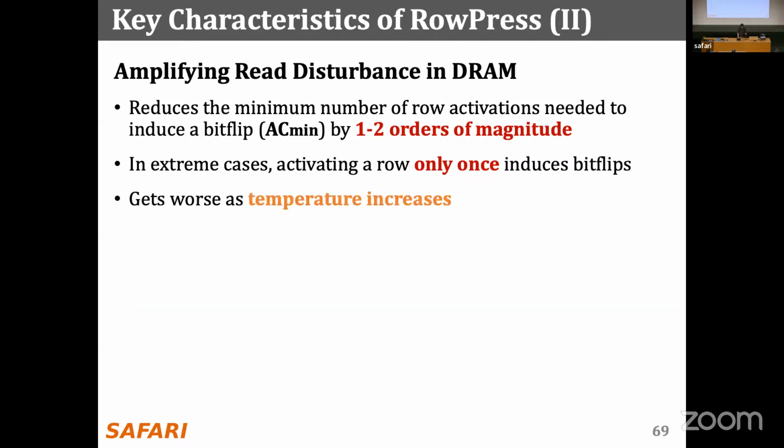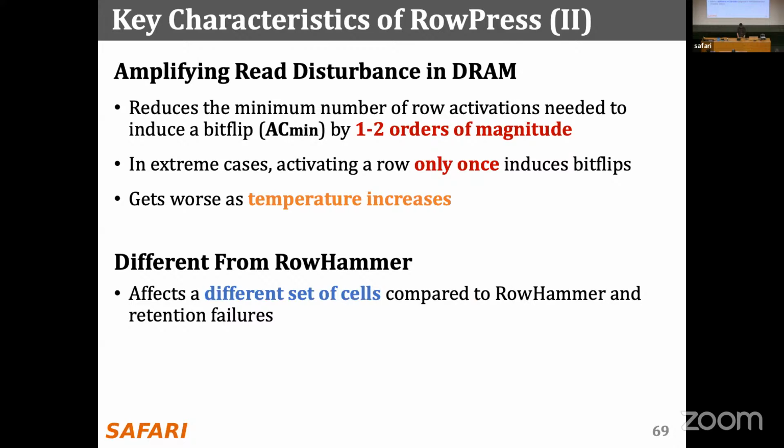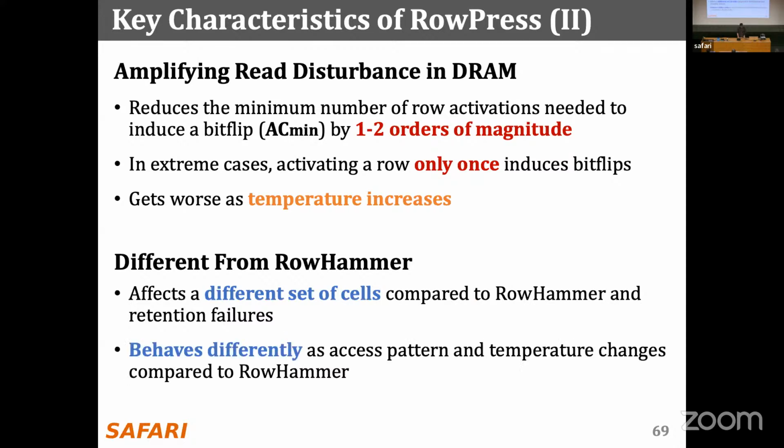We also show that RowPress gets much worse as we increase temperature. It's different from RowHammer because it affects different cells compared to RowHammer and retention failures, and it behaves differently as we change access pattern and temperature. Let's give an example.